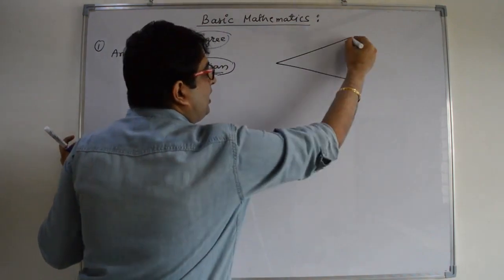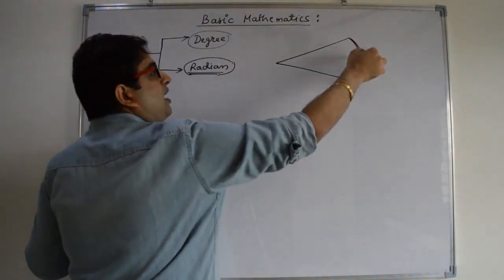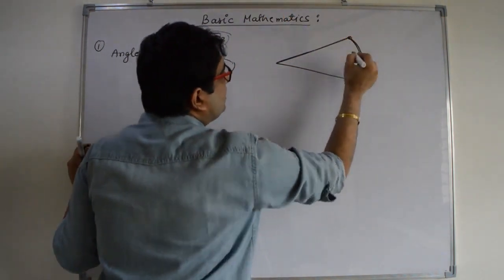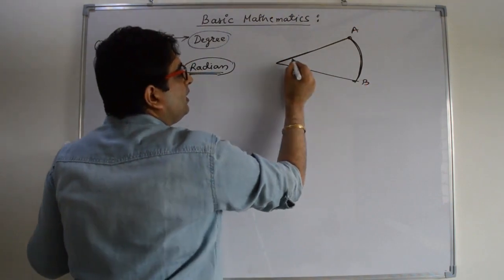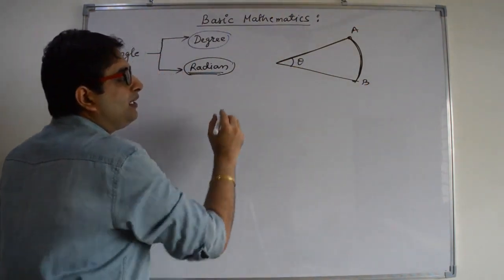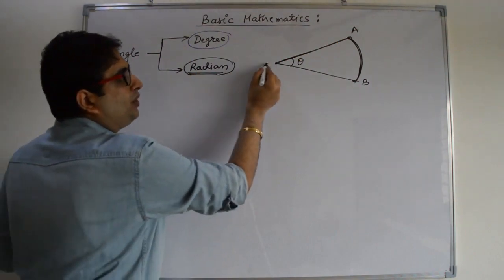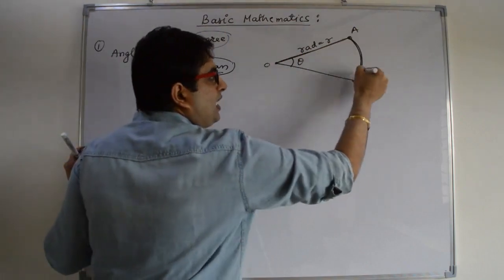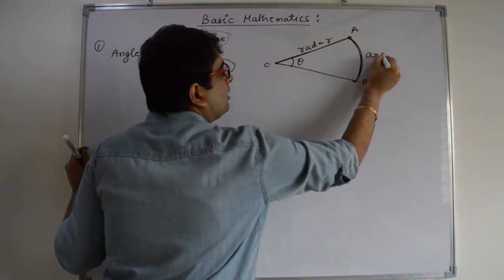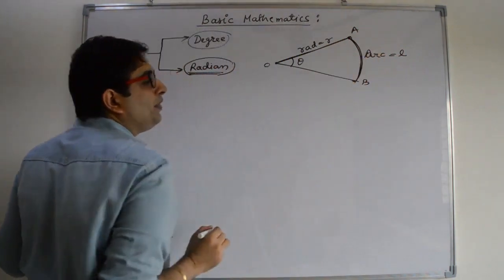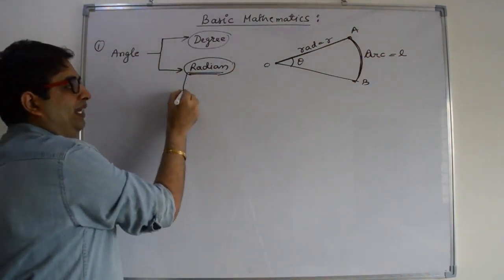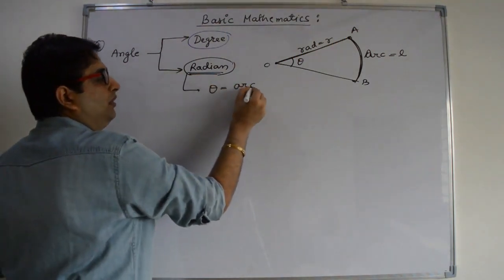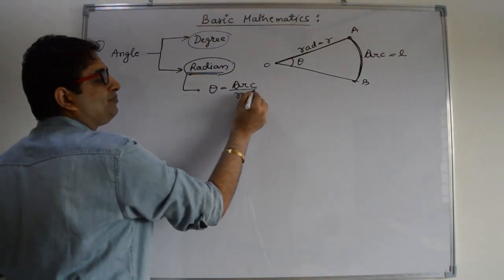Let us suppose we have an arc. This is an arc of a circular portion, and this arc is making this theta angle at the center O. Let us suppose the radius is R and the length of the arc from point A to point B is L. So radian angle is equal to arc upon radius.